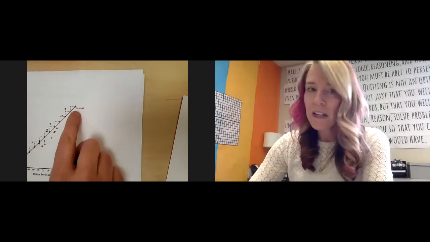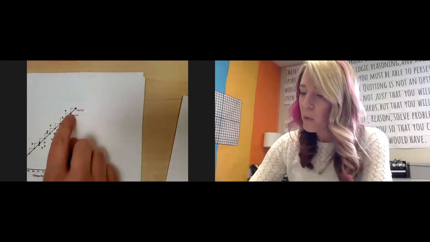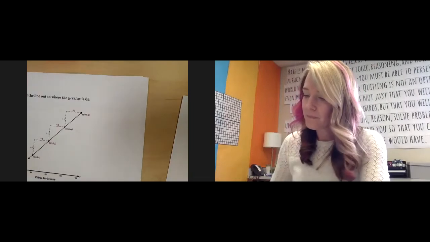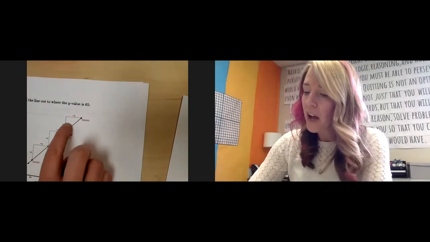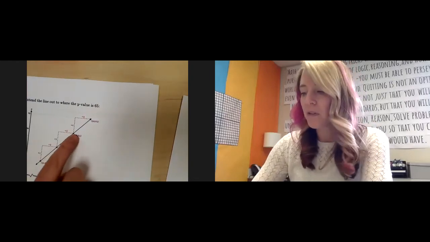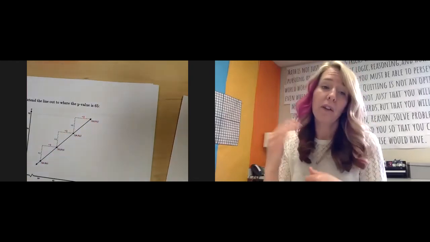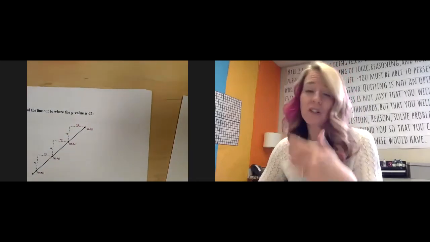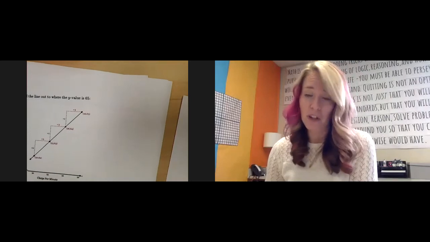Zooming in, we went up 1 degree over 3 chirps per minute. Up 1, 3. So that's a slope of 1/3. Elevator 1, run 3. That's just the relationship between chirps and temperature.